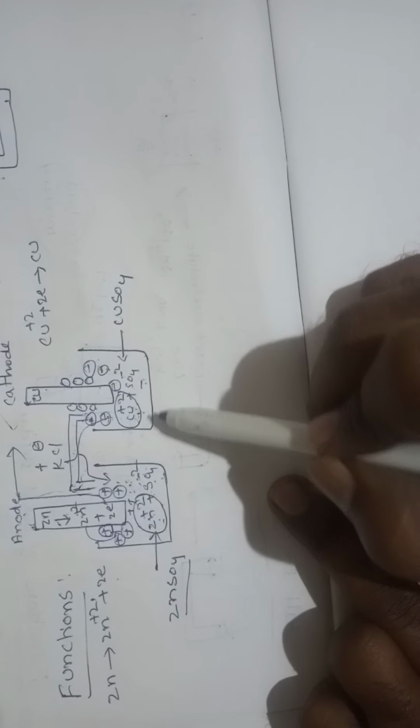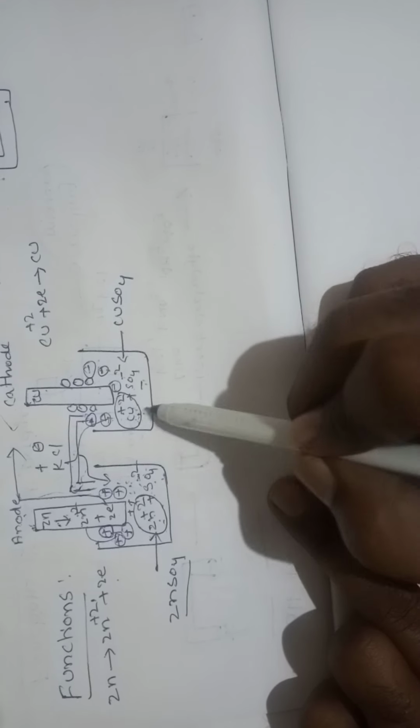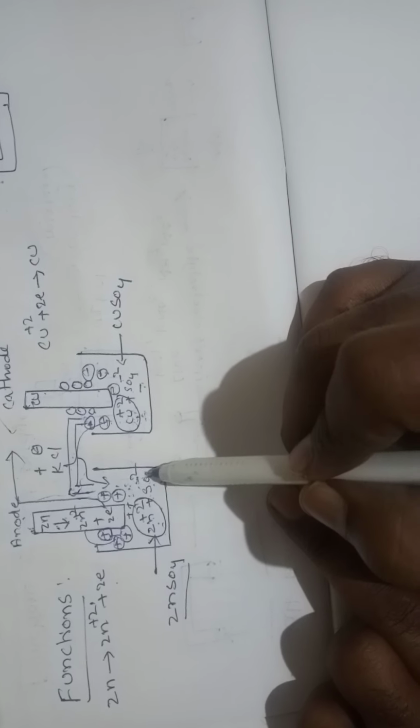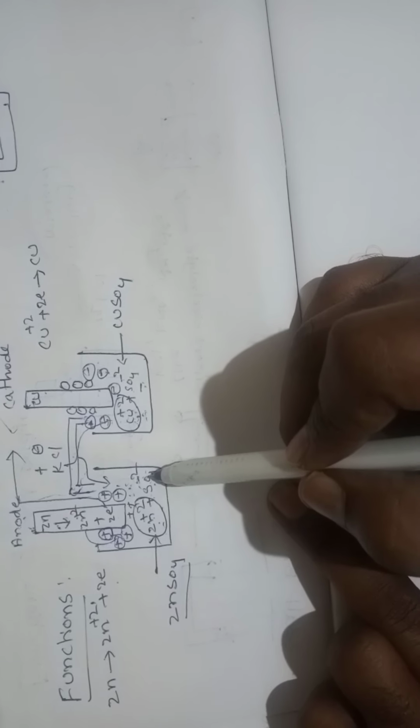Liquid-liquid junction potential means the potential difference that arises between the two solutions.